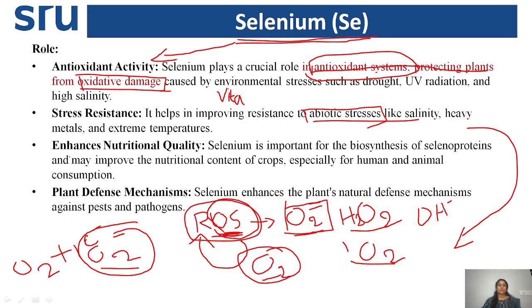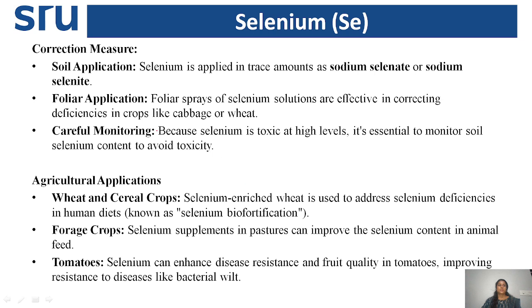Some proteins are made up of selenium, and selenium enhances natural defense mechanisms. In soil application, in the market we have sodium selenate and selenite. You can use these for correction measures, or give selenium through them to improve the abiotic resistance of the plants.